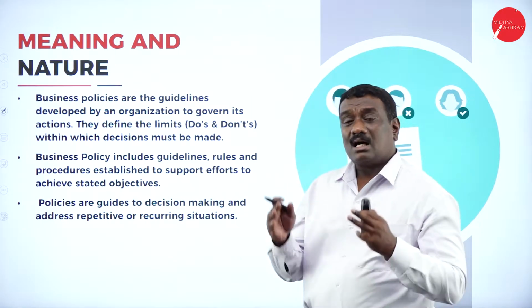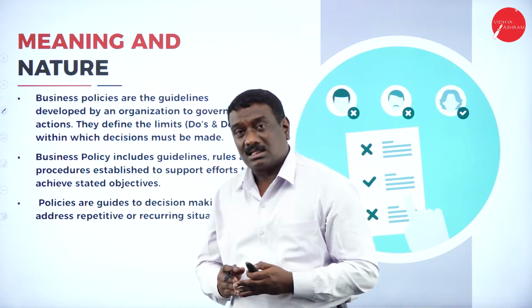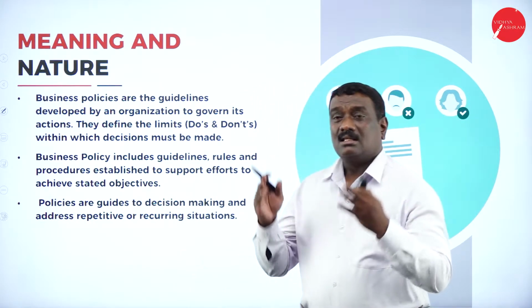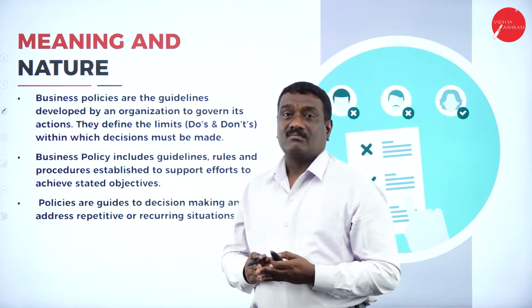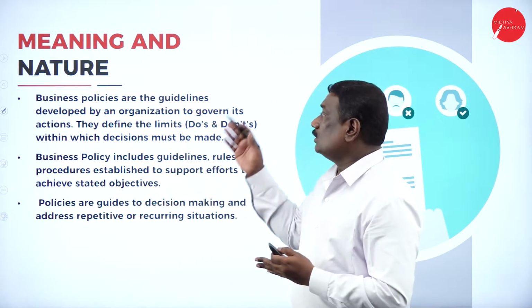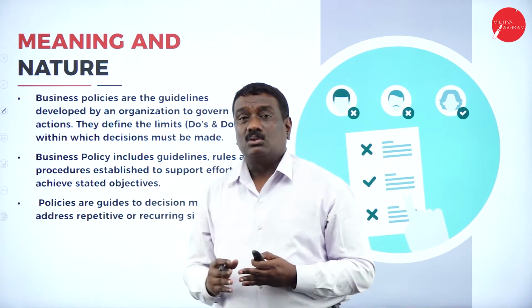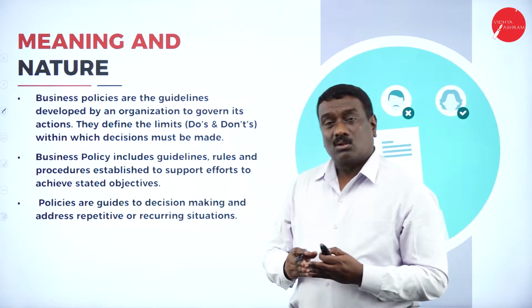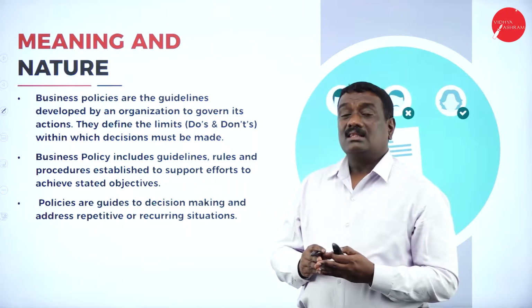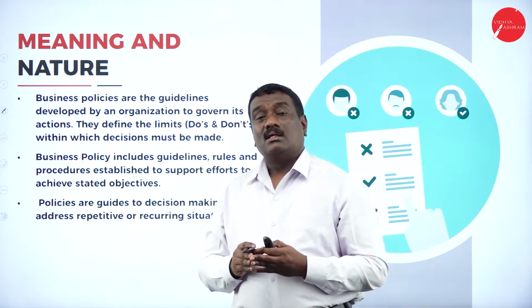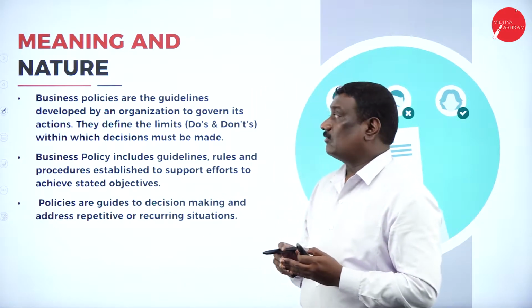Business policies are nothing but the guidelines, as I told you. They are the rules which are developed by an organization, in order to accomplish the goals and the objectives of the organization, and that will be governed by the organization itself.